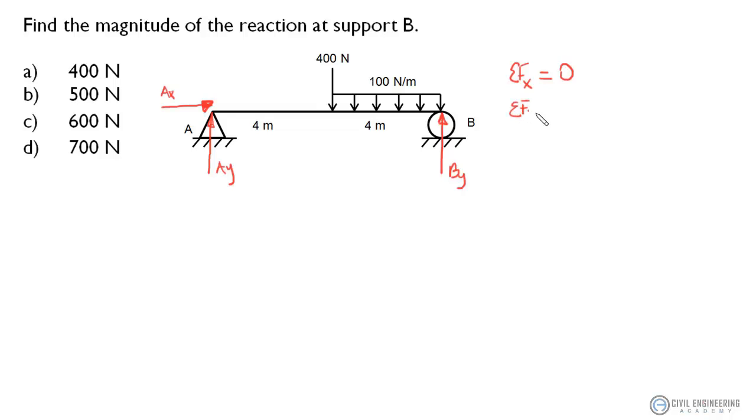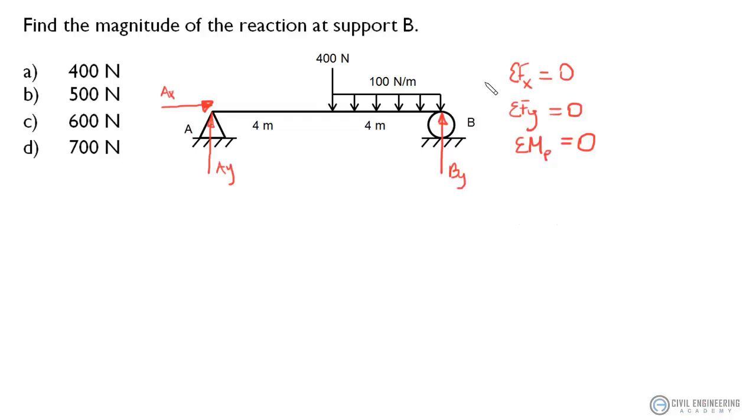We can sum the forces in the y direction, set those equal to 0, and we can sum the moments about some point, I'll say MP, and set those equal to 0. And we can generate three equations for a given problem. And so if we generate three equations, we've only got three unknowns. Three equations, three unknowns. We can solve those types of problems.